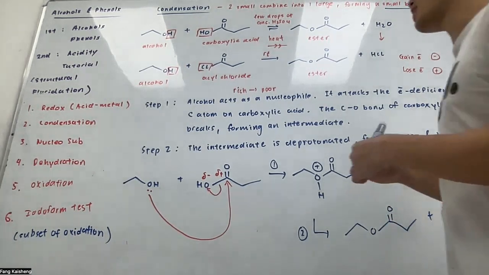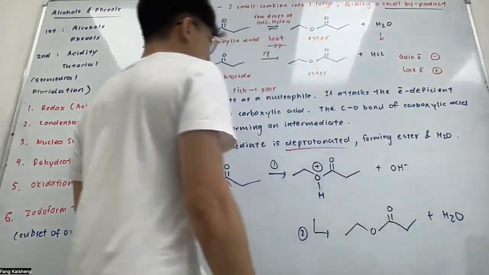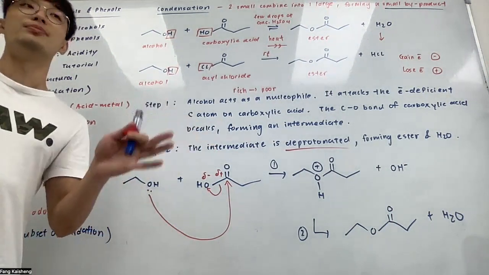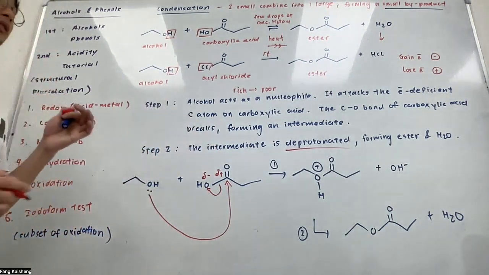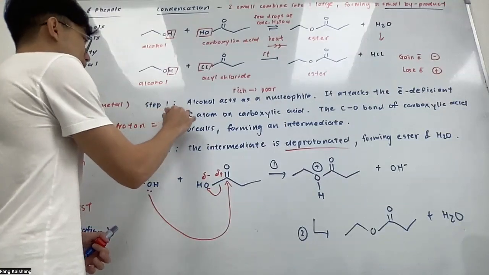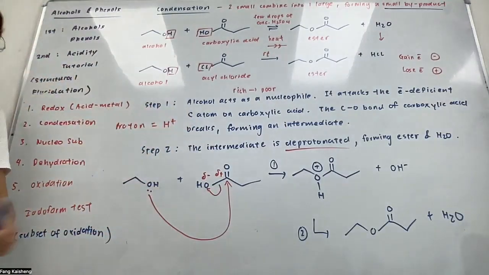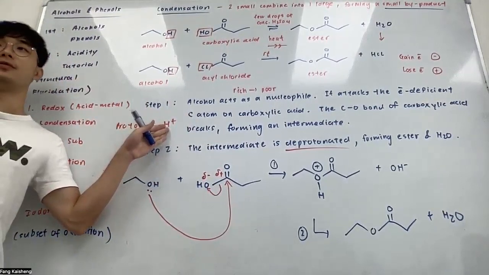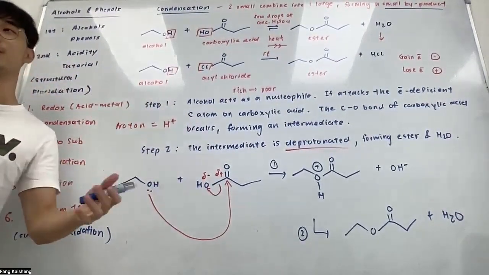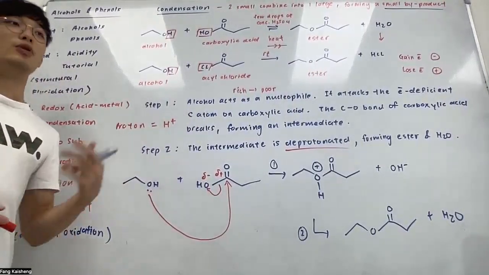So perhaps, can you all tell me what does deprotonated mean? What does proton mean? Proton is H plus. Guys, take note, proton and H plus are the same thing, because if you list down all the subatomic particles for H plus, you only have one proton. Deprotonate means what then? Remove H plus.